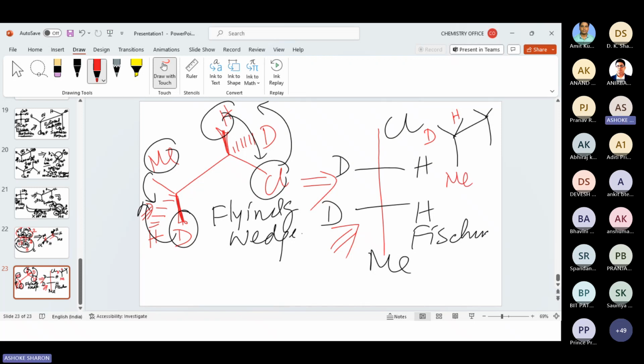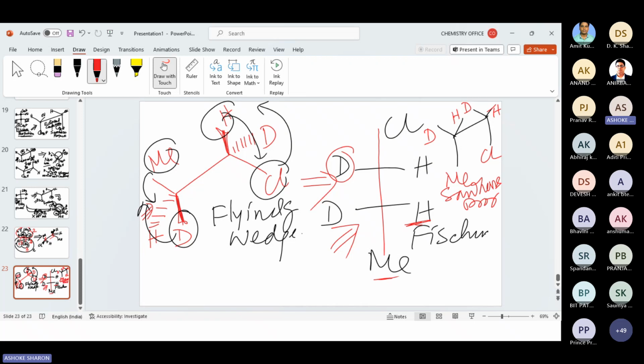Deuterium on the left side, hydrogen on the right side, and methyl down. From that perspective, deuterium again on the left side, hydrogen on the right side, and chloride down. Clear? This is the Sawhorse projection formula.